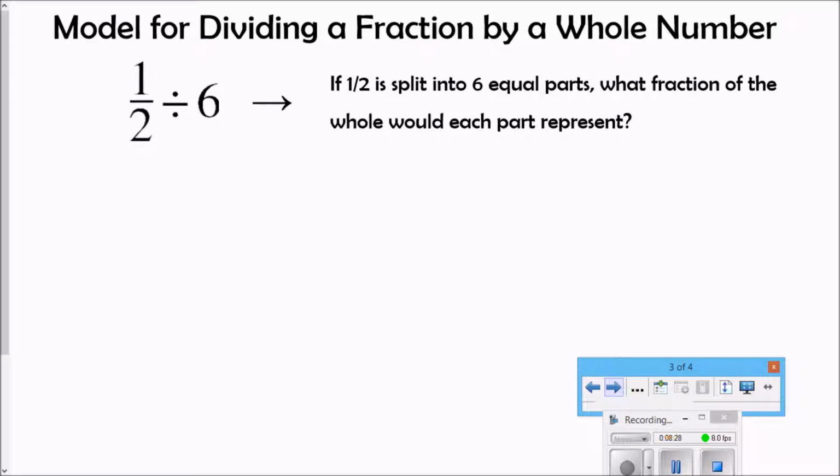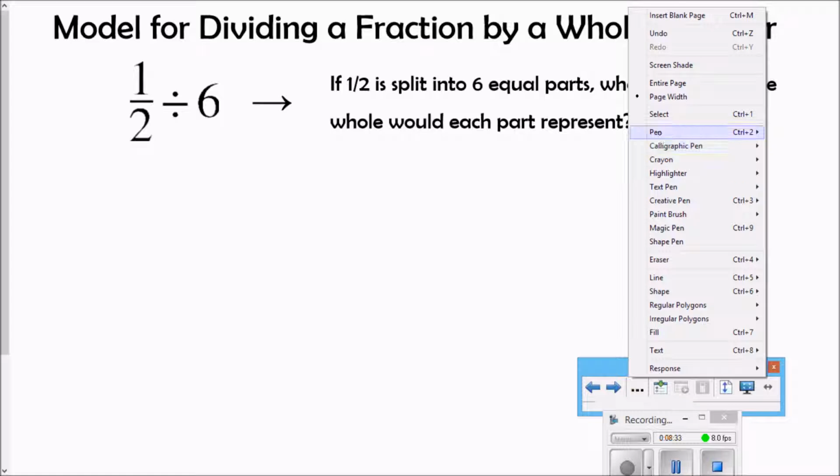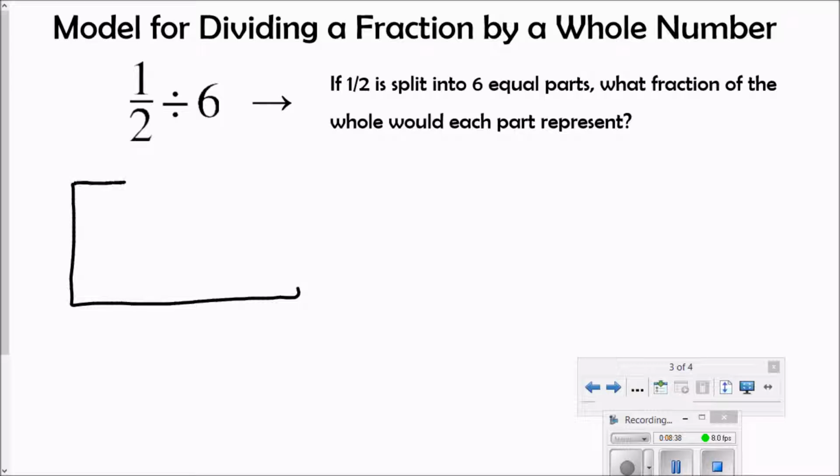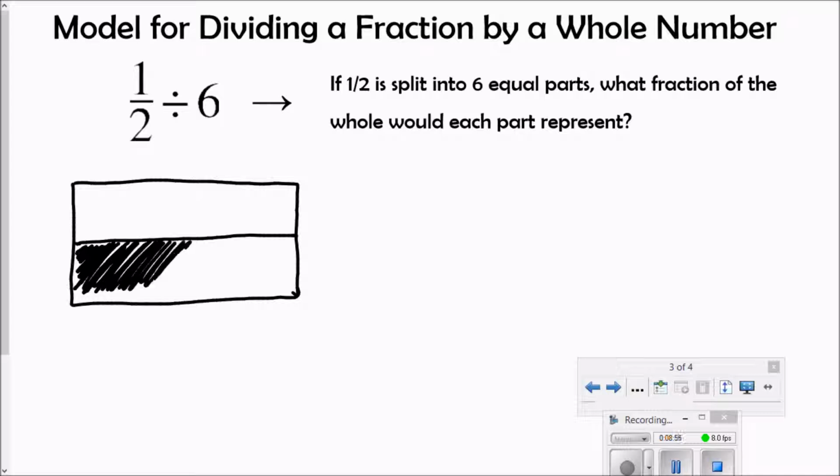So what I'm going to do is draw a whole, and then with this whole, I'm going to split it in half, and this bottom part, I'm just going to shade in because I don't need it to solve this problem.